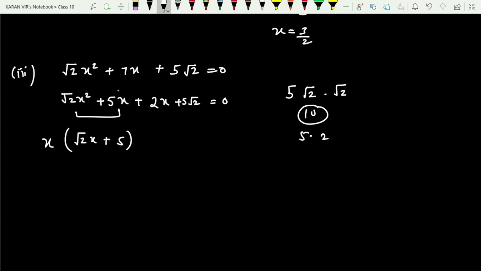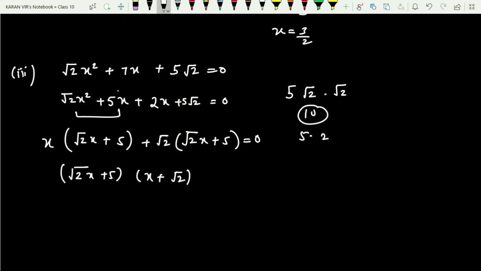And from the second two terms, you can take root 2 common, right? So you will be left with root 2 x plus 5 is equal to 0. So now just take out the common term, that is root 2 x plus 5, and the second term is x plus root 2 is equal to 0.